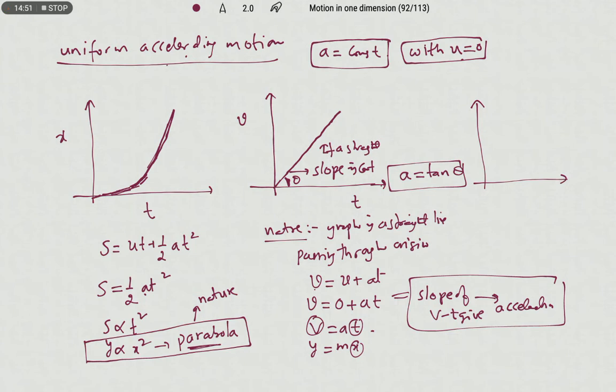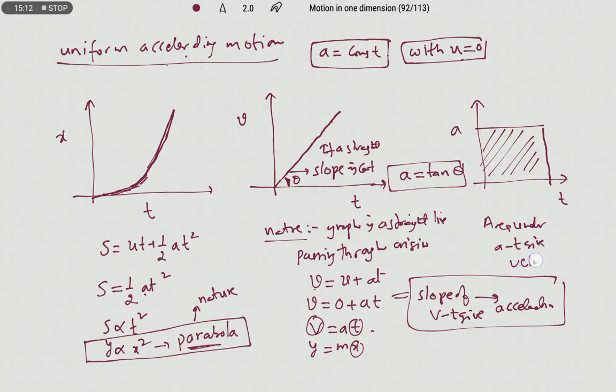Now what about the acceleration-time graph? a is constant. Here the importance of the graph is that the area under the a-t graph gives the velocity of an object. So two more important points from uniform accelerating motion: the slope of the velocity-time graph gives acceleration, and the area under the acceleration-time graph gives velocity of an object.